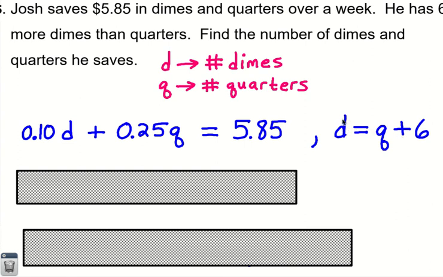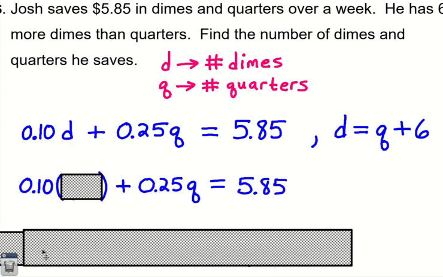And say, well, that means that the number of dimes is going to be equivalent to the number of quarters plus 6. Whatever the number of quarters is, the number of dimes is going to be that number plus 6. And so we have this second equation. So if we can rewrite the letter D, the number of dimes, in terms of what the quarters were, we can take this Q plus 6 and replace that D with it, like that.